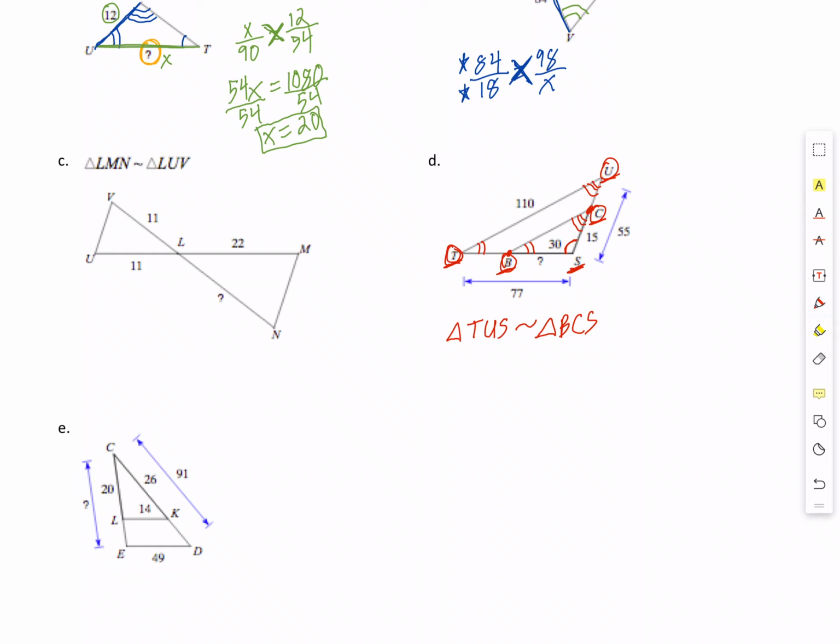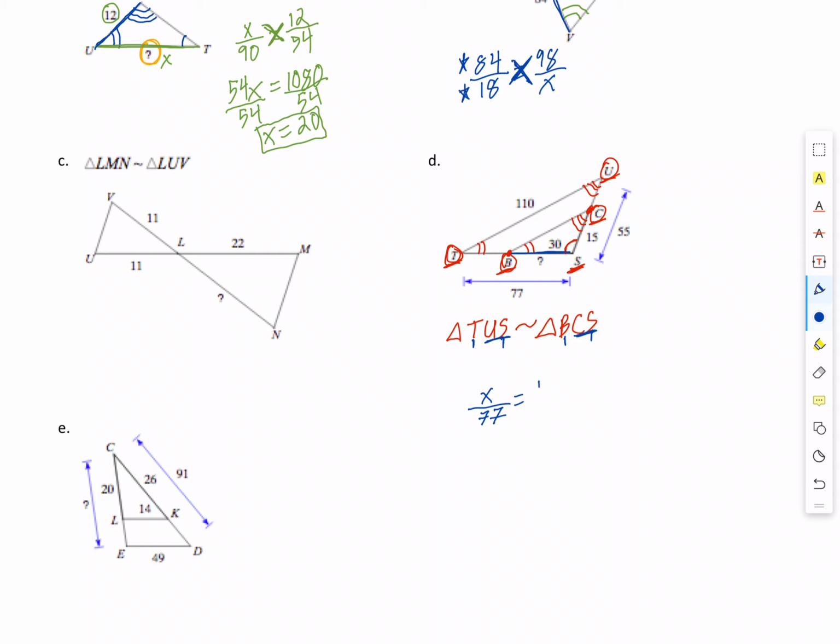So we can use that to help us find this proportion. So we're wanting to know BS. So BS is going to be similar to TS. And so if we do BS and just have that be x, we can create a proportion over 77. That's equal to, we can use any one of these other sides. Let's go CS and US.